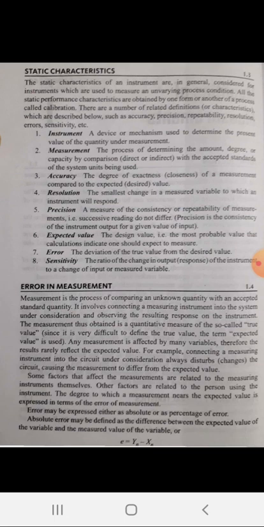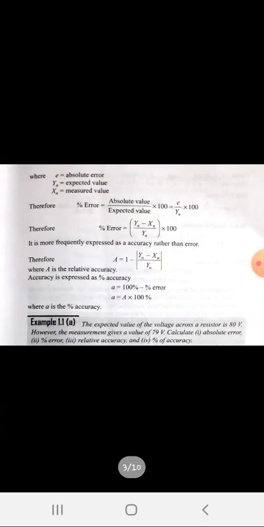Obviously here 7 minus 6.5, that is 0.5, that is the error. So here also the absolute error you can see from this, that is yn minus xn, E is the absolute error, and here expected value is yn and xn is the measured value.